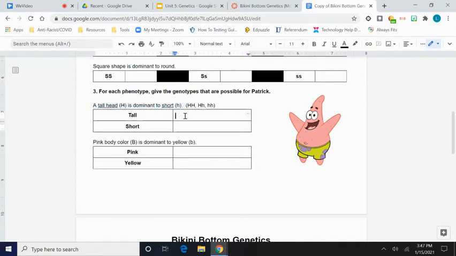So which of these genotypes would give us a tall-headed Patrick, and which one would give us a short-headed Patrick? Okay, same with this one, except instead of the head, we're looking at body color. So which genotypes would be pink, which genotypes would be yellow?